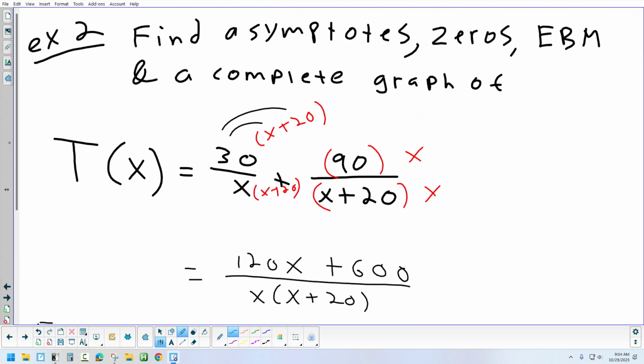So we've got all those. We've got the EBM. They want us to find the roots. Okay, the roots, or the zeros, those are the x-intercepts. How do you find an x-intercept in an equation? You have to plug in something for something. How do you find x-intercepts? Yep. Plug in 0 for y.